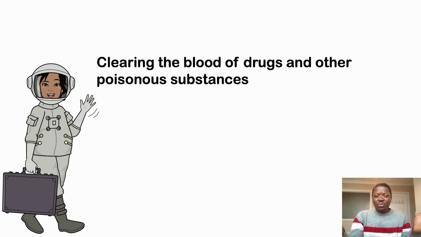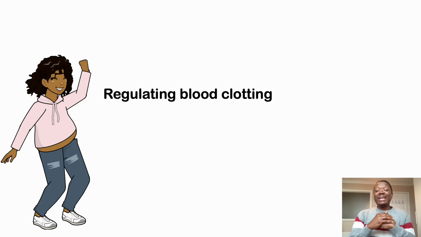The liver clears the blood of drugs and other poisonous substances. Obviously, when drugs finish their functions, they need to be excreted out of the system, as that is not their habitat. The liver helps with removal of these drugs so that their poisonous activities do not remain within the body for too long. The liver regulates the way the blood clots.